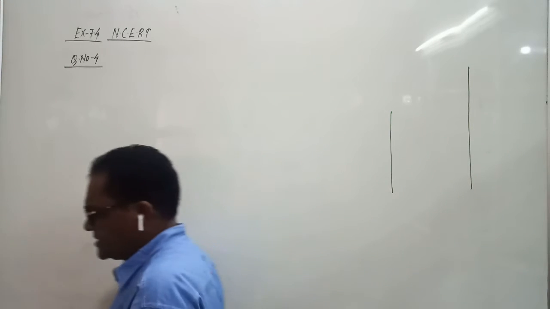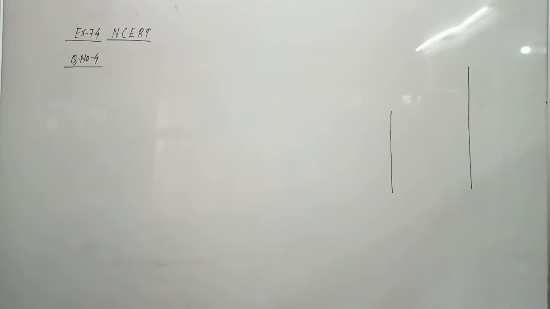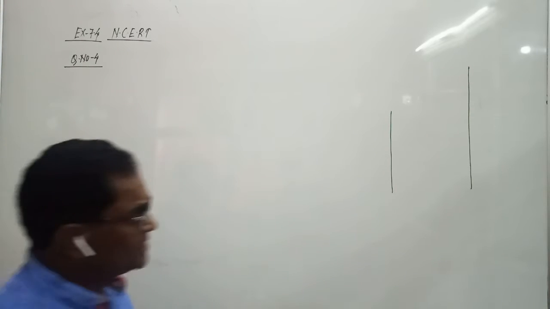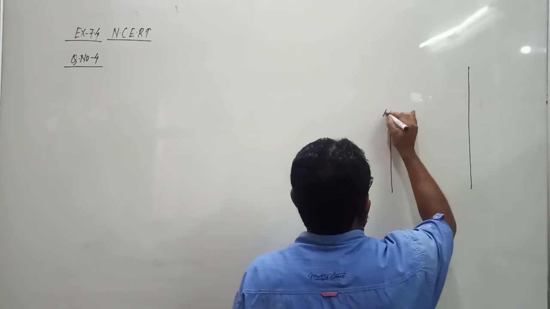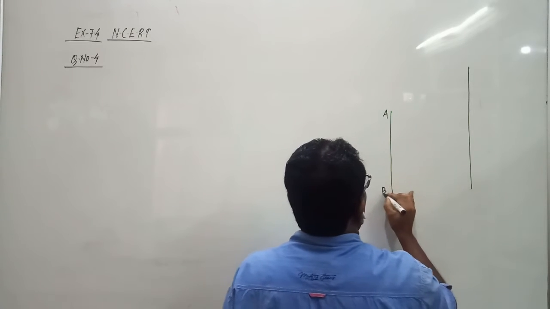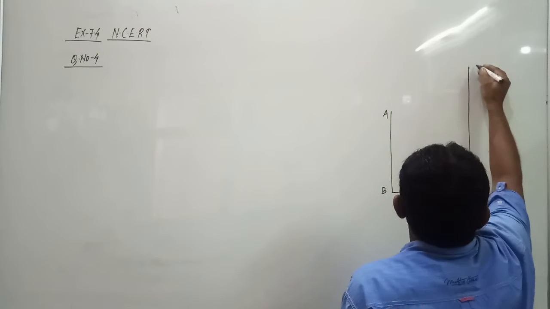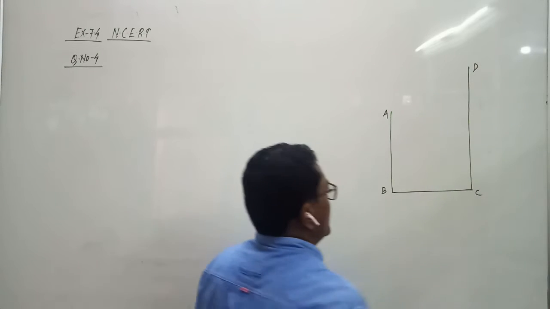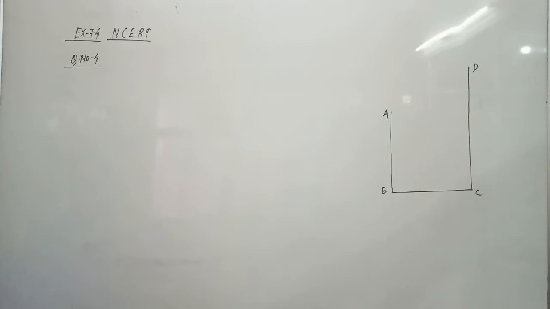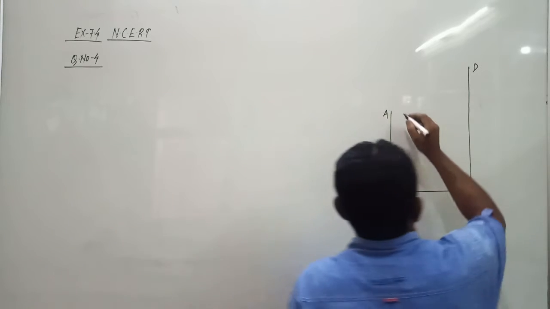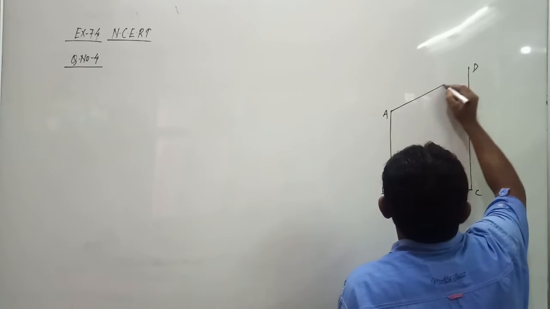There are two sides, AB and CD. AB is the smallest side and CD is the longest side of a quadrilateral ABCD. We have given a quadrilateral ABCD.